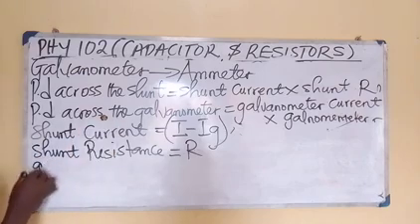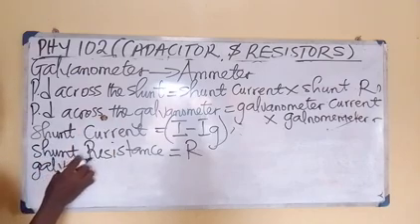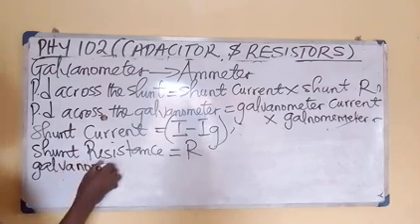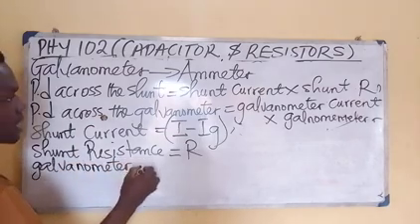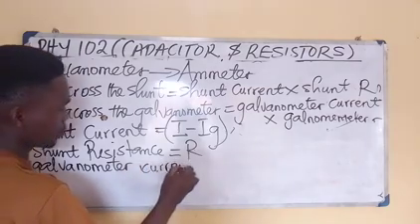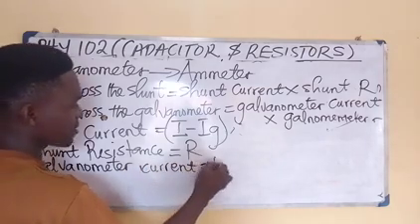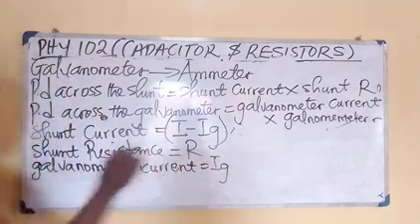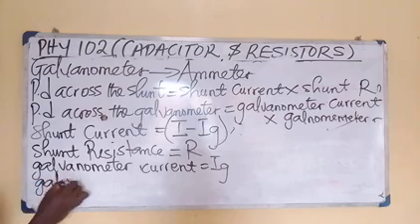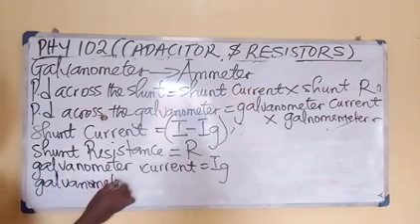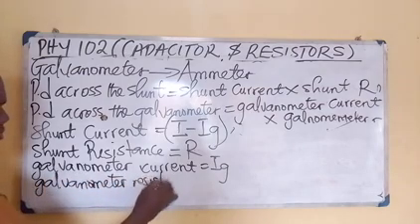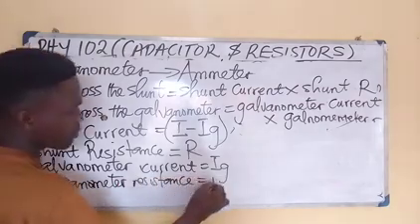Then the next one is the galvanometer current, which is given as Ig, times the galvanometer resistance, Rg.